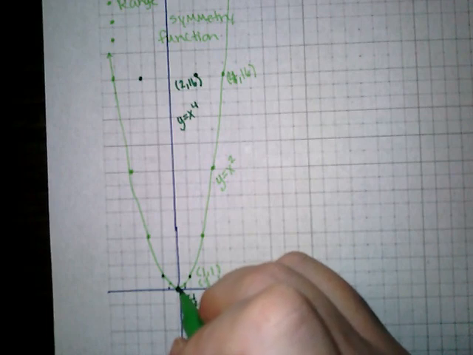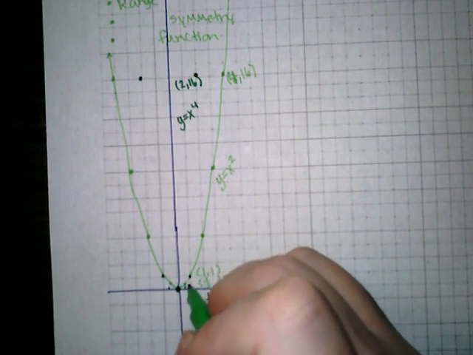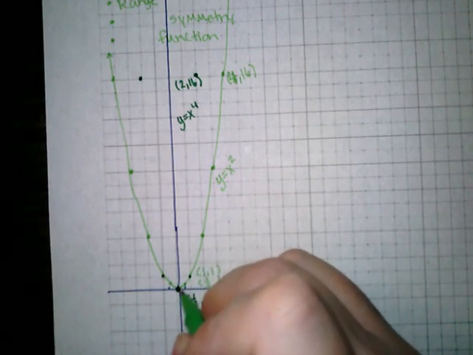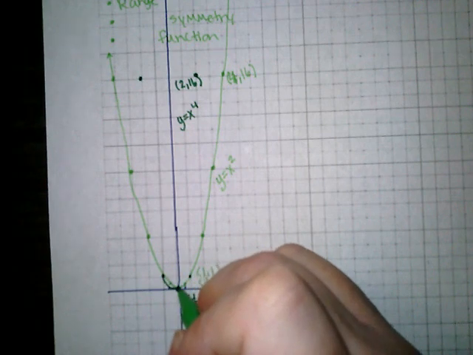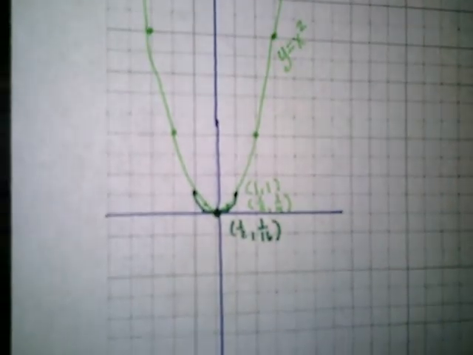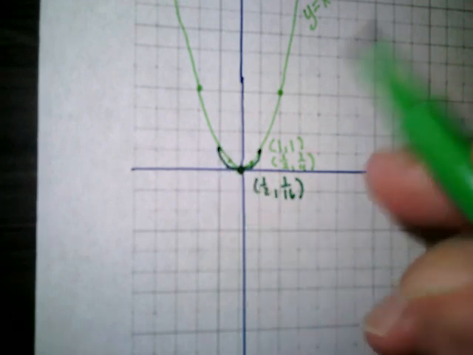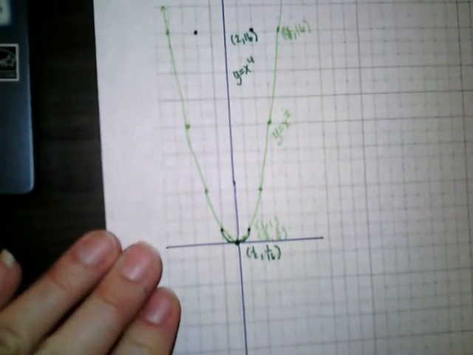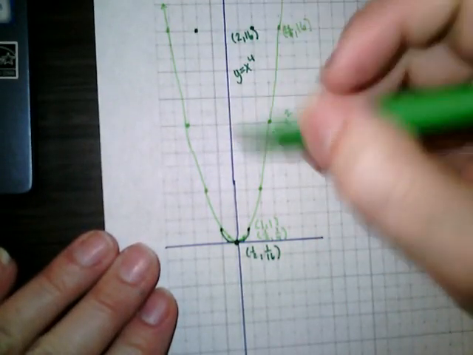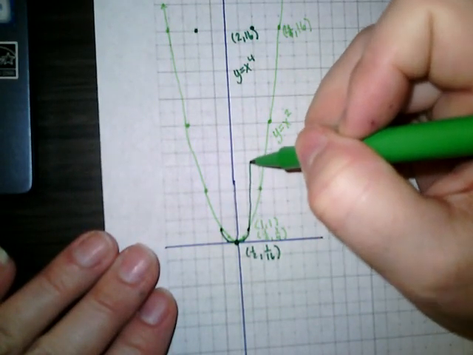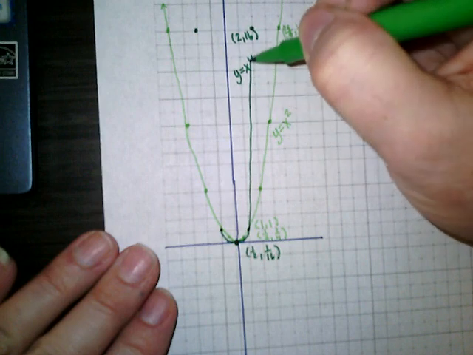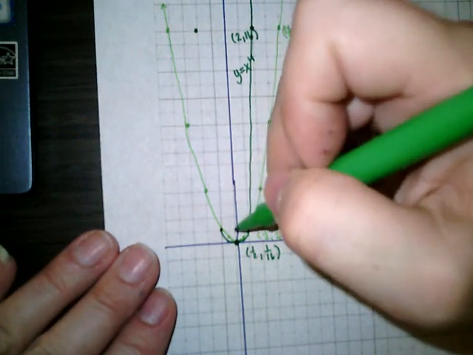So when I connect these dots, in here between -1 and 1, y equals x to the 4th is down lower than y equals x squared. Now that's a little hard to see, but it's down lower. It scoops down closer to the y-axis. And then after I go through the ordered pair 1, 1, I have to go all the way up to 2, 16. So that's going to be quite tall.